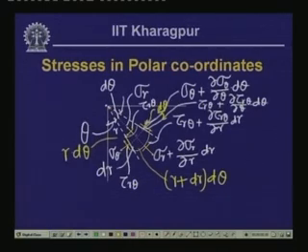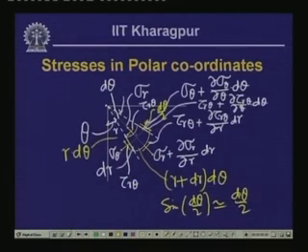Also, we have the tangential stresses on this surface, and sigma theta will have a component in the tangential direction, also in the radial direction, and the component in the radial direction will be sigma theta times sine of d theta by 2, and d theta being small, we can approximate sine d theta by 2 as equal to d theta by 2.